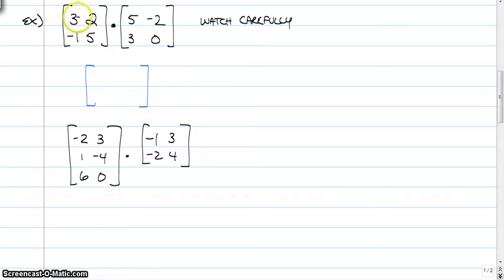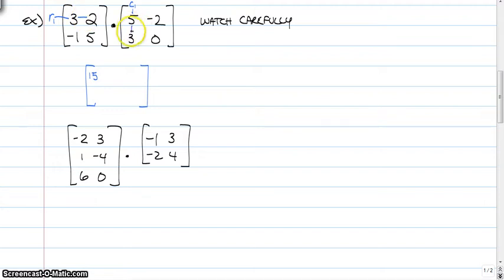The first thing you do is start with row 1 and column 1, and you start working your way across. The first number you get to is 3, and in the second matrix the first number you get to is 5. 3 times 5 is 15. And then you continue. Your next number is 2.